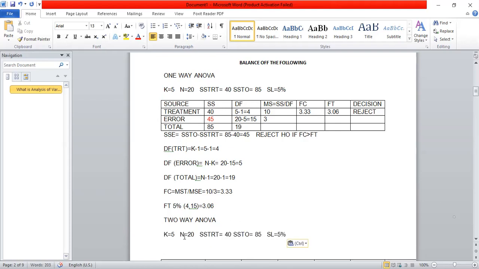So suppose we're given our small n was 4, and our sum of square block was 45.